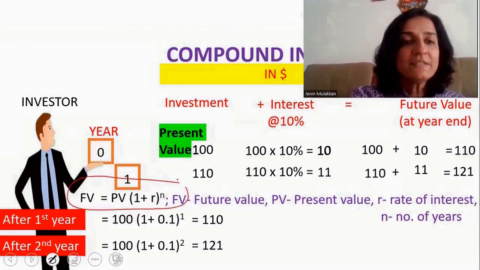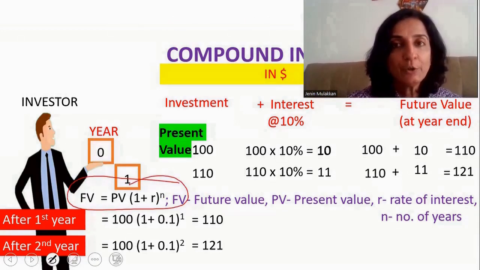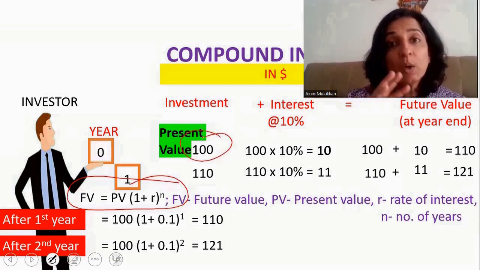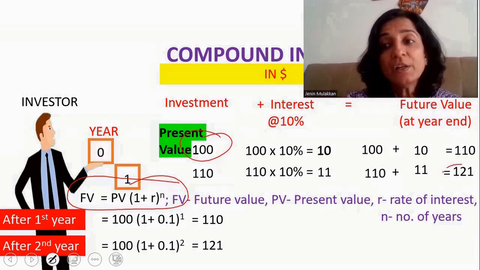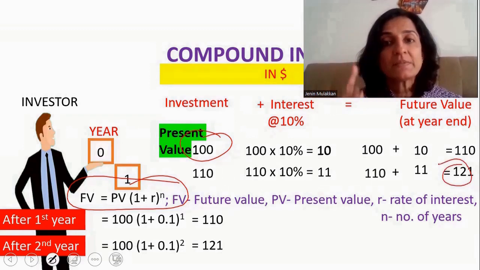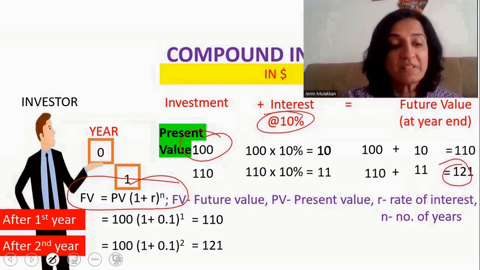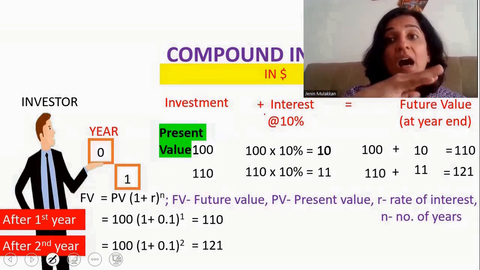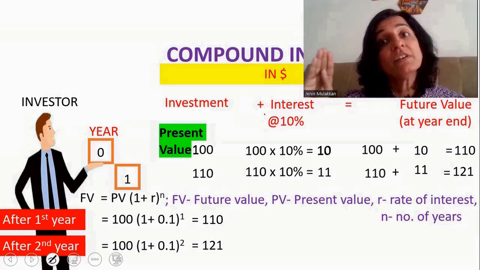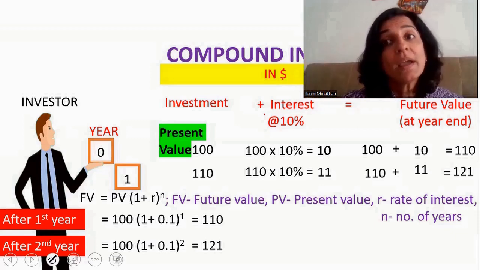Now, from this formula of future value, we know that $100 received now will get converted to $121 after 2 years at an interest rate of 10%, which means that $100 received now will not be equal to $100 received after 2 years. Why?